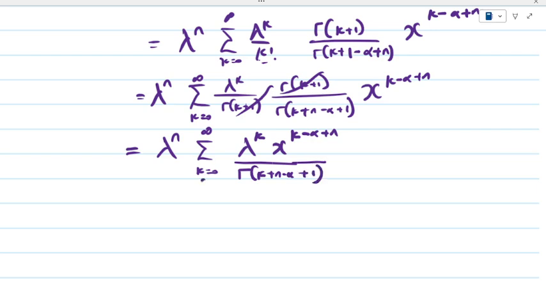This summation only has to do with the k parameter, so I can bring out x raised to power minus alpha plus n.